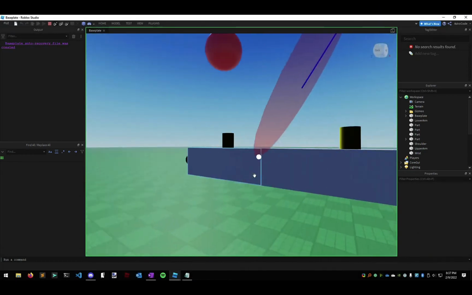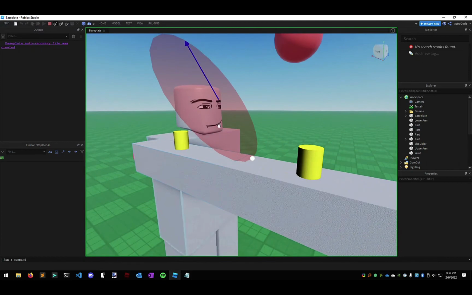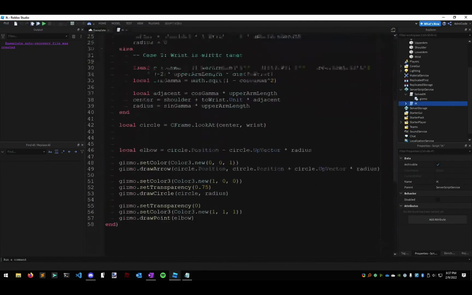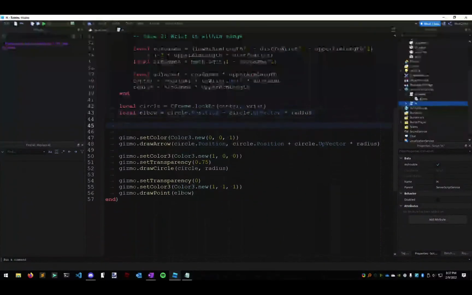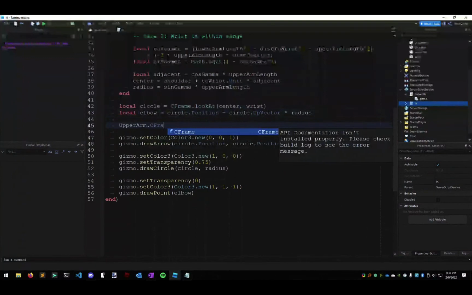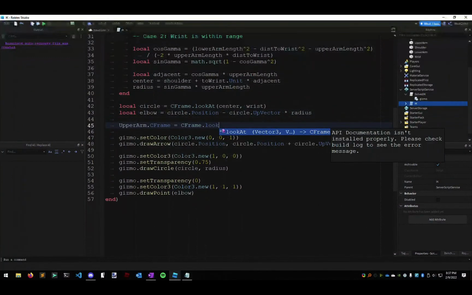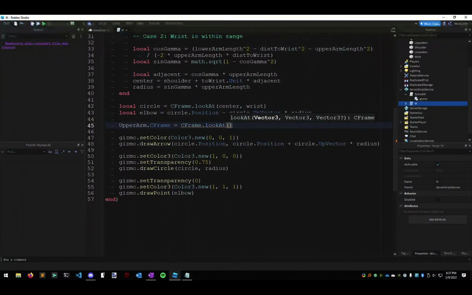Oh, yeah. And then I've placed the elbow at the bottom here, so I've placed it at the negative up vector. All right. So let's actually make it function. Let's set the C-frames of the parts. So for the upper arm, we're going to want to set its C-frame from the shoulder, looking at the elbow.